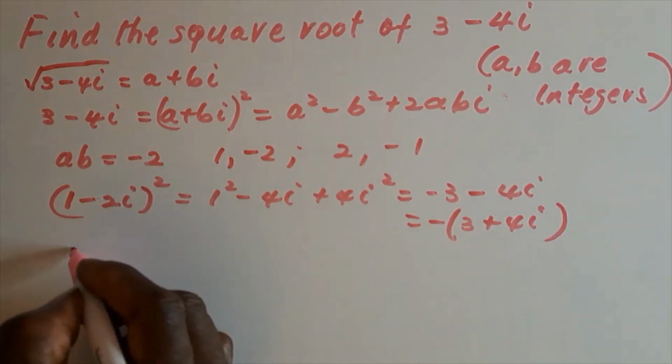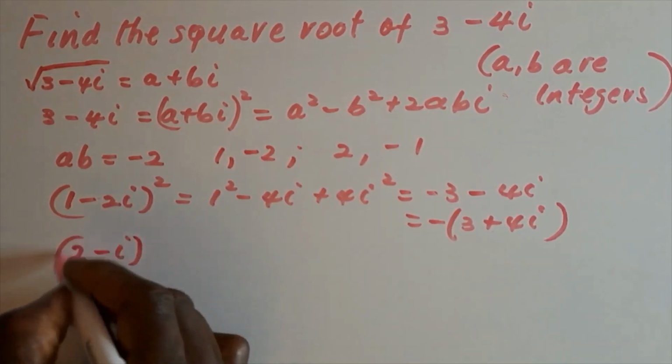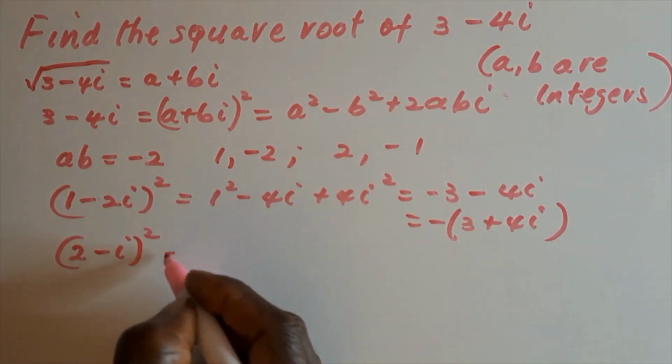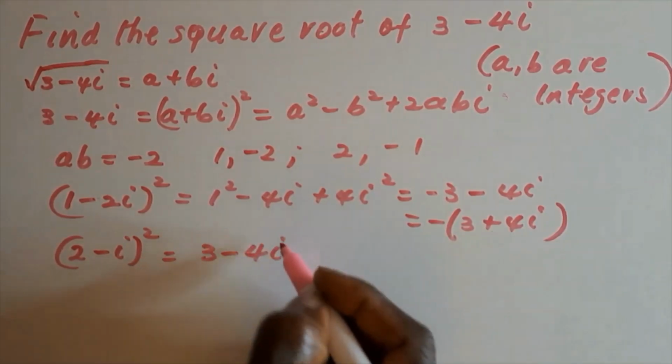And if we have 2 and minus 1, we have 2 minus i squared, which works out to be 3 minus 4i.